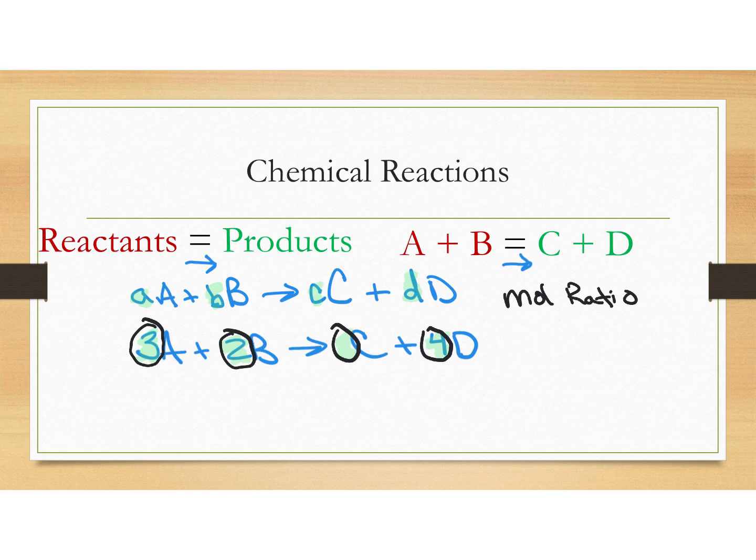So for example, if I was coming up with a mole ratio for this particular chemical equation, I would say I have 3 moles of A to 1 mole of C. How did I get that? I have a 3 out in front of the A. I have a 1 out in front of the C.